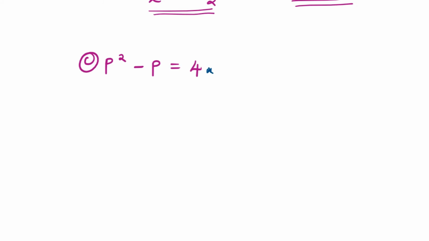So all we need to do is to find half of the coefficient of p. The coefficient, or the number in front of p, is a 1, which we have not written there. This one has got a sign negative, so it's negative 1 divided by 2, which is just negative 1 over 2. So that's half of negative 1.